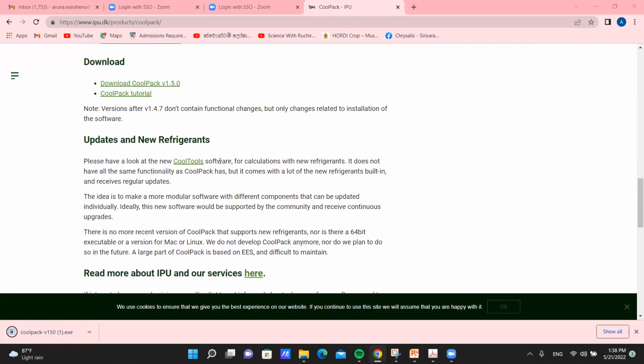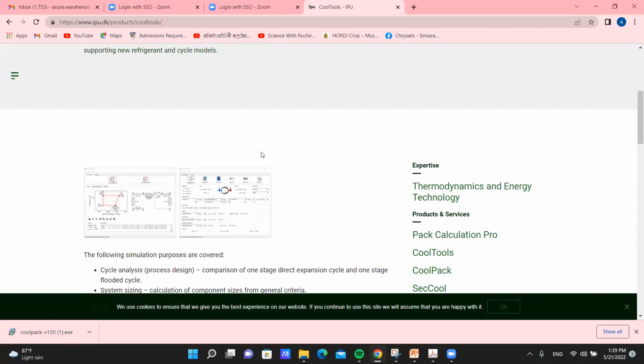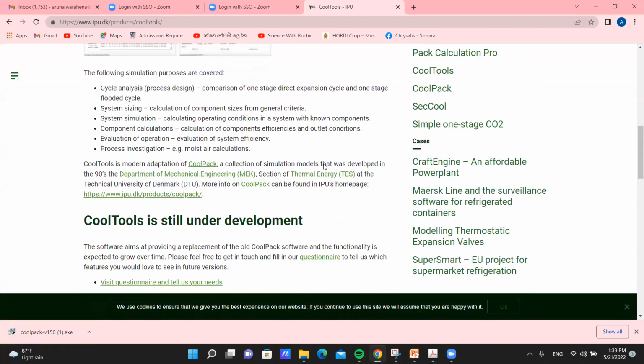And also there is another one. See, Cool Tools. Another one. Yeah.